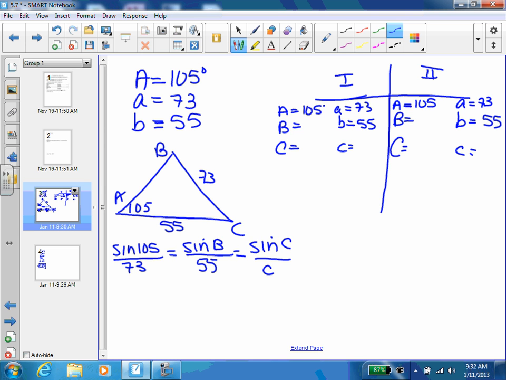We can easily figure out angle B. Would you agree? Keep this in mind as you look at the information given: if a bunch of sides are given, like let's say I gave you 3 sides and 1 angle, you're going to find the angle of the smaller of the sides. Sine, go for the smaller angle.